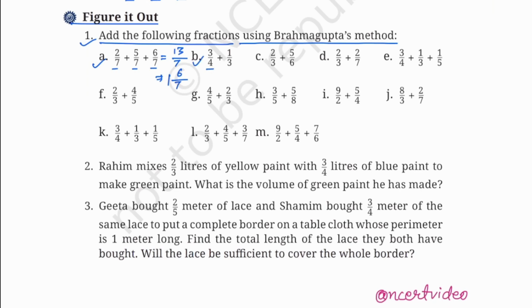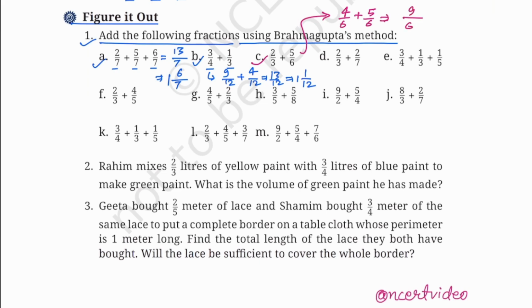B. 3 upon 4 plus 1 upon 3. Common multiple of 4 and 3 is 12. The answer is 13 upon 12. Can be written as 1 whole 1 upon 12. C. 2 upon 3 plus 5 upon 6. 2 upon 3 can be written as 4 upon 6. 5 upon 6 remains the same.